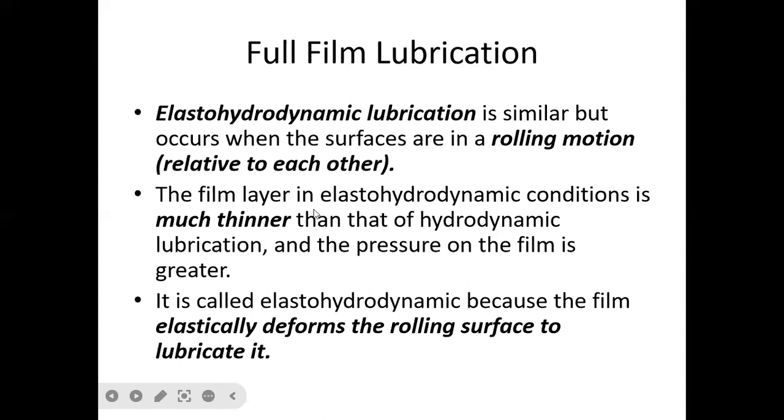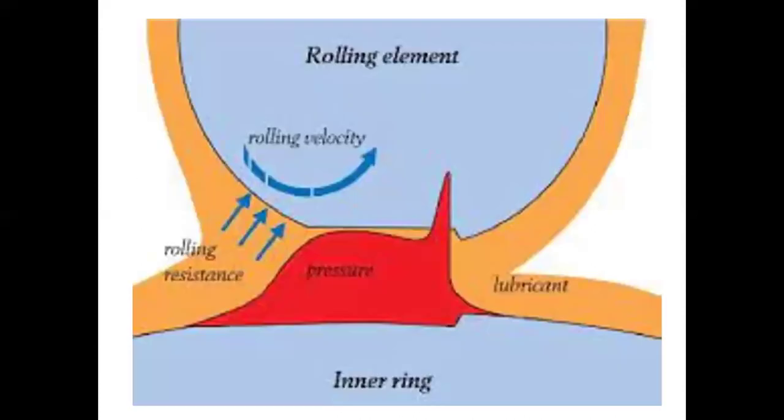The film layer in elastohydrodynamic conditions is much thinner than that of hydrodynamic lubrication, and the pressure in the film is greater. Because of this pressure, there will be deformation in our system. It is called elastohydrodynamic because the film elastically deforms the rolling surface to lubricate it, based on this diagram on the next slide.